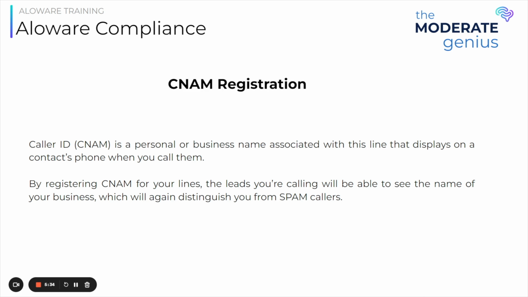Now, when you are naming your line, you cannot just say Maria's line. It has to be like Maria TMG. So it has to be something also related to the business, not only the person that is in charge of that specific line.